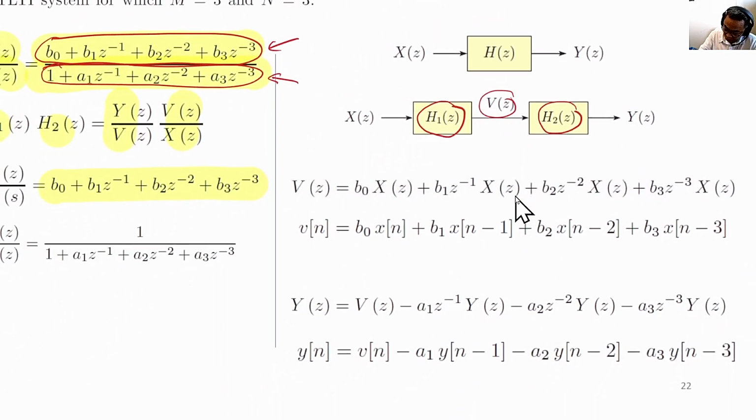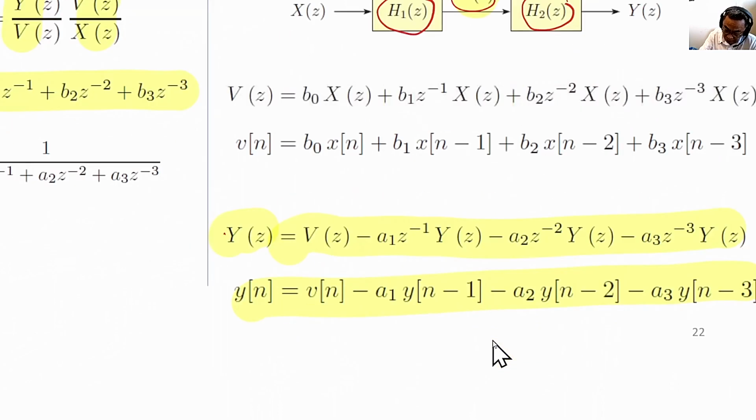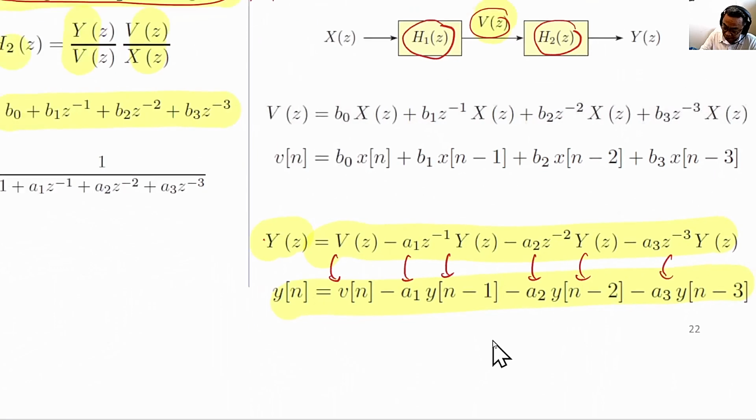So we are manipulating the various transfer functions to represent Y(z) with respect to V(z). Therefore, y[n] is simply v[n] minus a1 times y[n-1], a2 times y[n-2], and a3 times y[n-3].